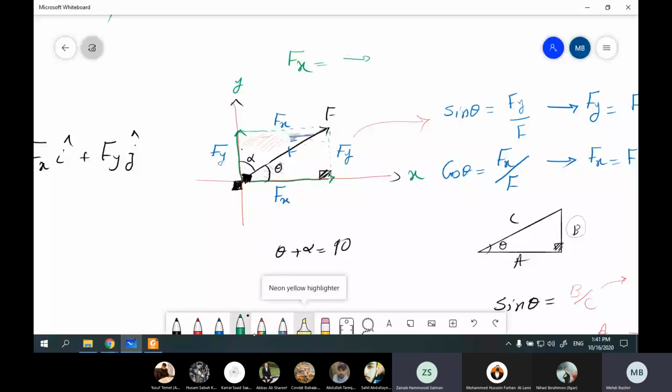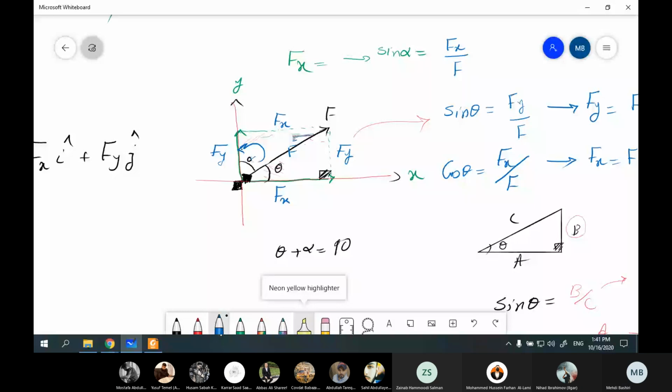Okay, sine is equal to the front divided by this line, the biggest one. Sine of alpha is equal to Fx divided by F. And cosine is equal to this one divided by this one.